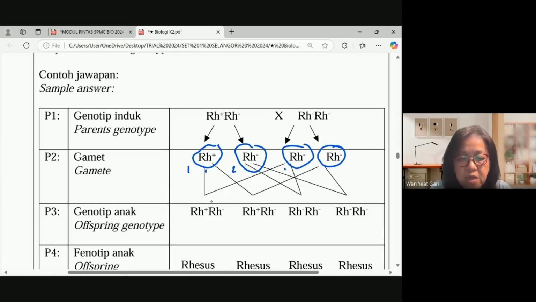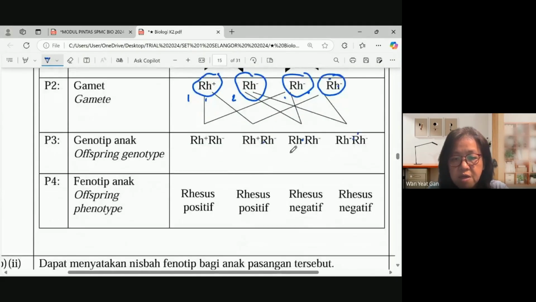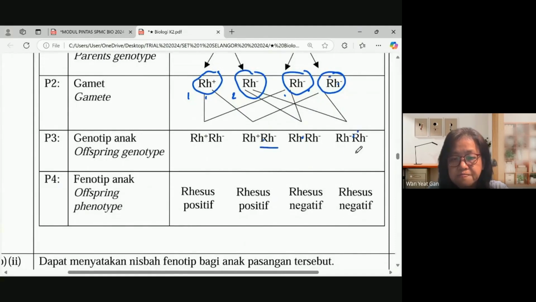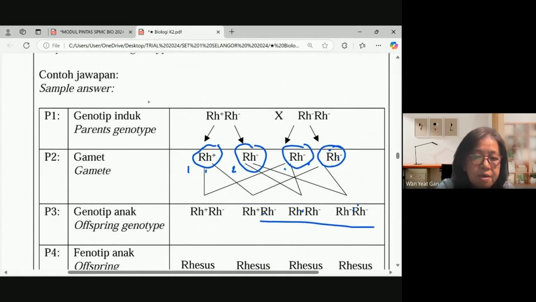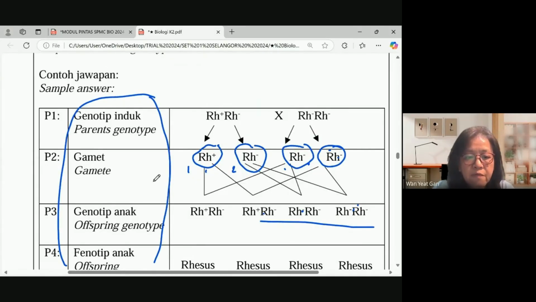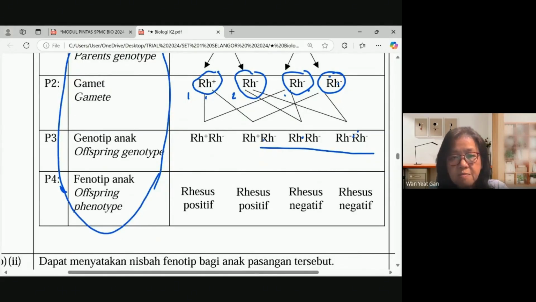So 1 with 3, 1 with 4, 2 with 3, 2 with 4. Okay, so that will produce the offspring RH positive, RH negative. These are the genotypes. Make sure you write the sidebar here, in order to obtain maximum marks.